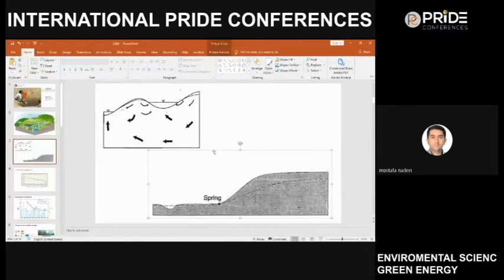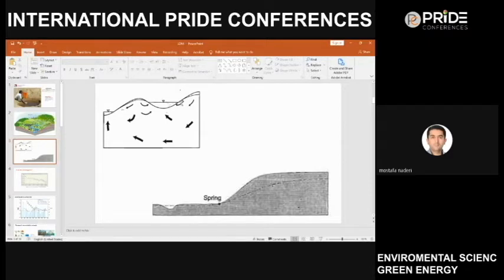Here it is shown that the groundwater level is higher than the river water. So groundwater can flow into the river in the dry season, or all through the year, and support the ecosystem.